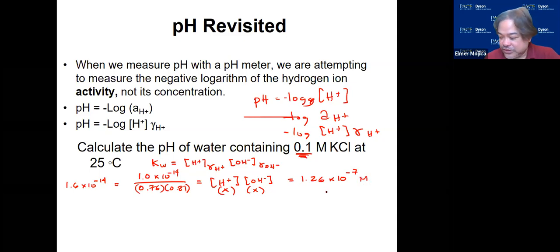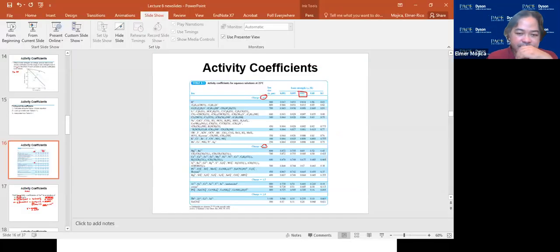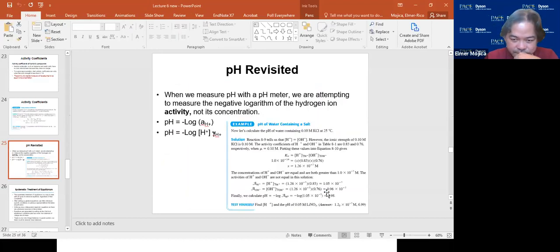That's the concentration of your H+ and OH-. So what can you say about the concentration of your H+ and OH-? Anyone? Is it less than or greater than 1 times 10 to the negative 7?